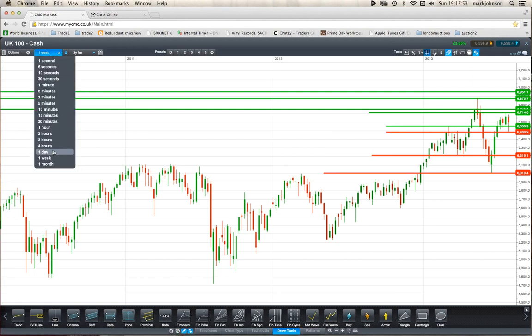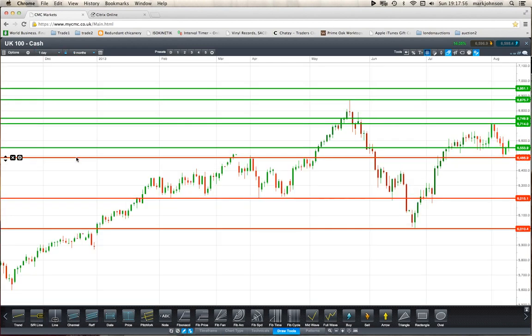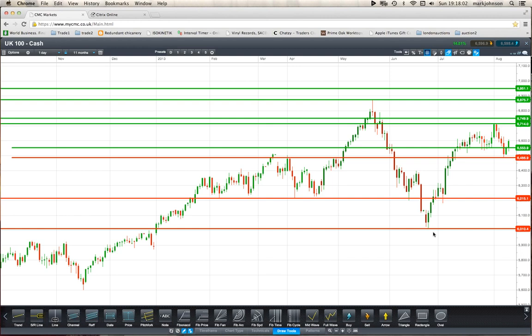Down to daily. Now, as you go down to daily, you can start to see a pattern evolving. And it's amazing how these patterns follow forward into the future. These lines constantly keep coming back and back and back.